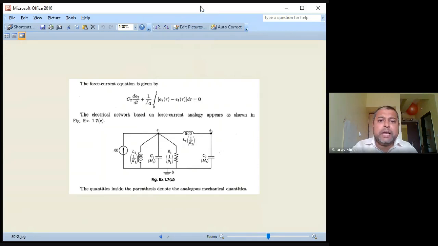So these are the two numericals I first wanted to do today. Then there are a few more numericals we will do.